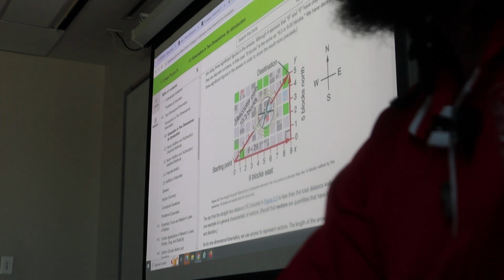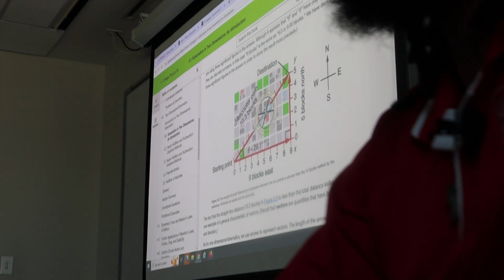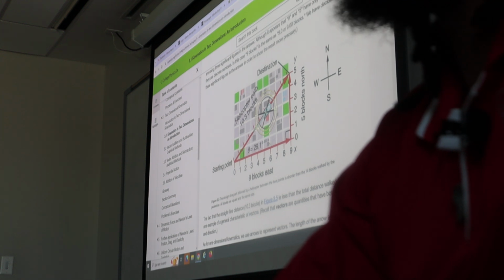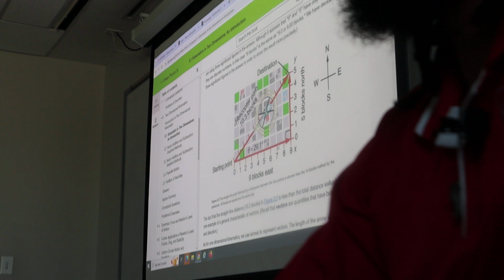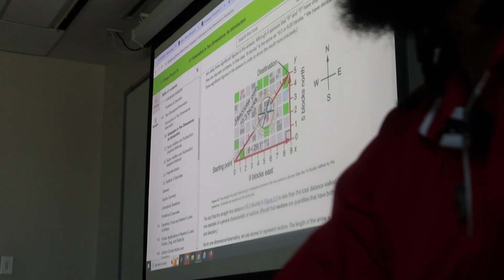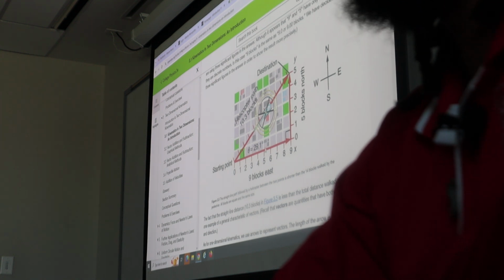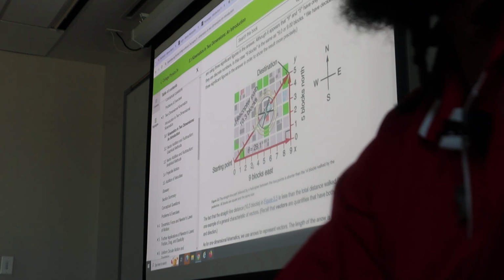You can't go across these buildings unless you're in a helicopter. So it's a good sense to break it down in components, because that's the way we're gonna think about it in real life. That's how we're gonna have to actually walk. We're gonna do X and then do Y.